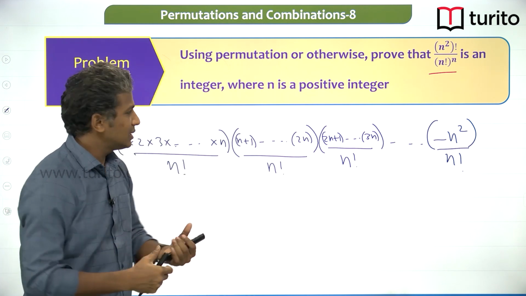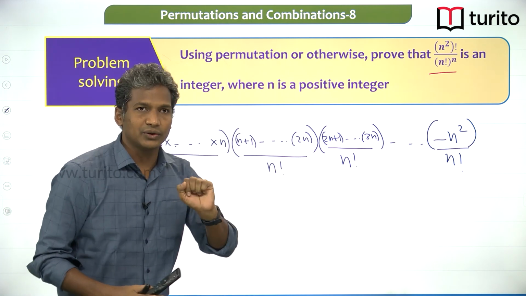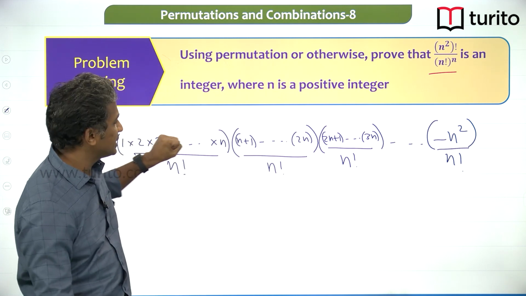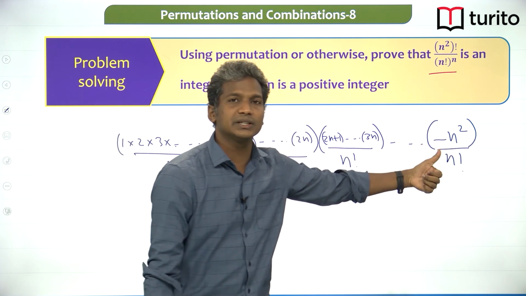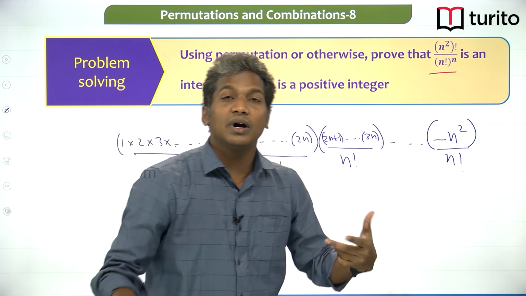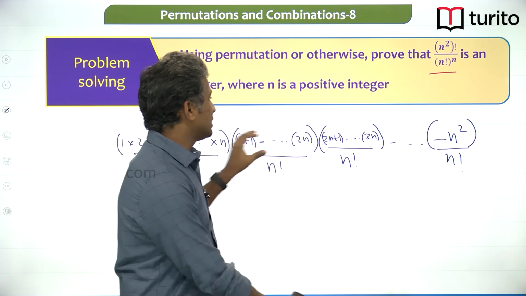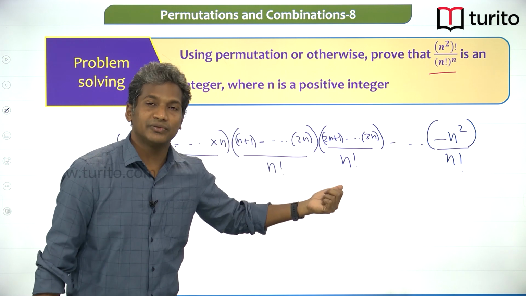Now as we said, the product of any n consecutive numbers is always divisible by n factorial. So this is a perfect integer, this is a perfect integer, this is also a perfect integer, so the result is going to be a perfect integer. This way algebraically we can understand that it is going to be a perfect integer.